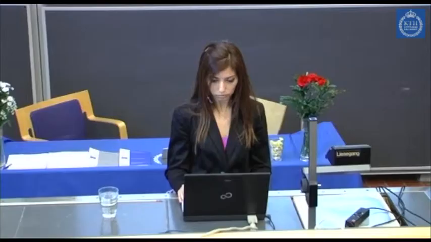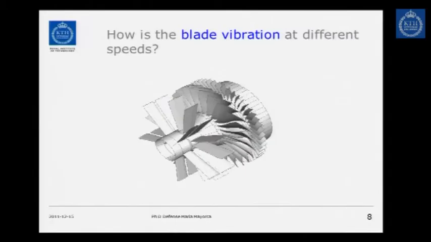So how is then the blade vibration at different speeds? This is a transonic compressor, and it's actually our test case. I just show here, you see you have blade rows not only upstream but downstream. This is the rotor blade. And then if you imagine the flow passing through here from inlet to outlet, and you stand on the blade, if you want to imagine how this blade would vibrate, it would be something like this.